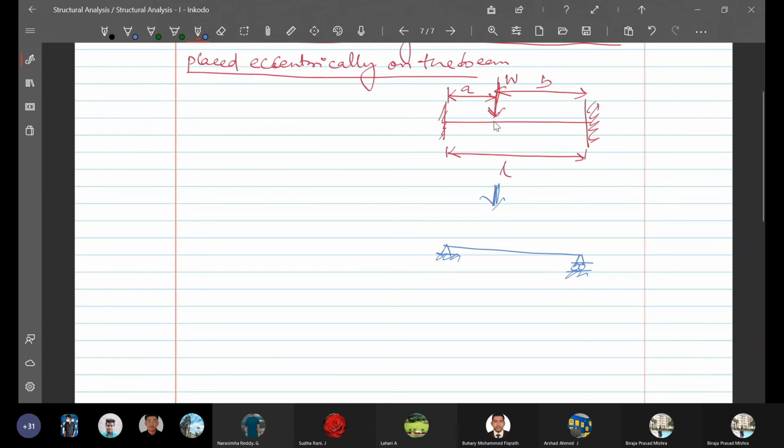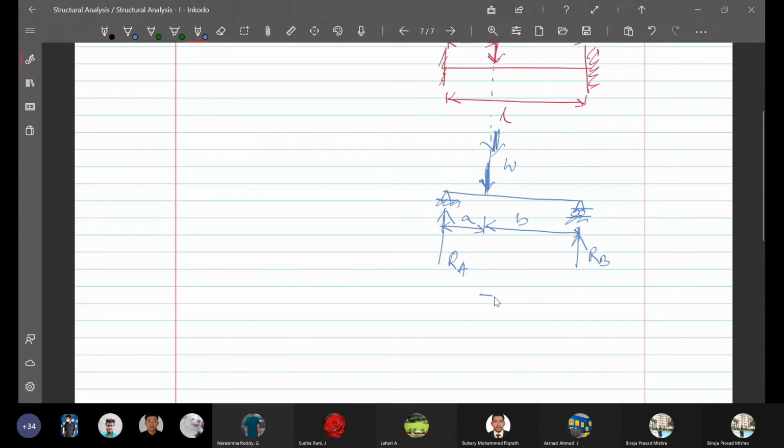I am having this load W. This length is A, this length is B. Here I will have RA, here RB.